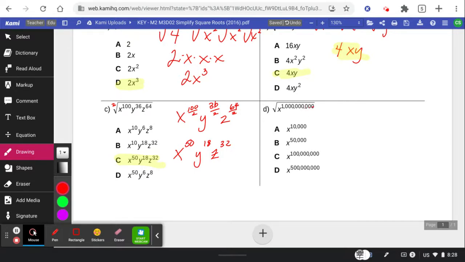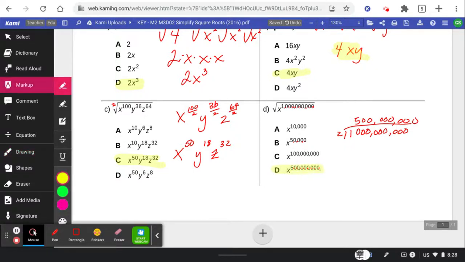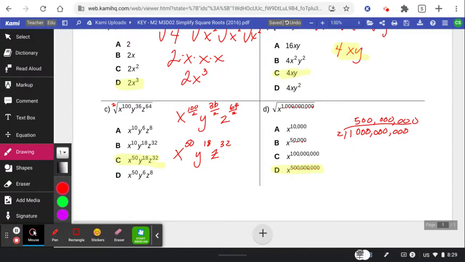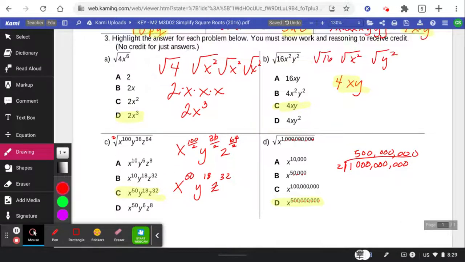There's 1, 2, 3, 4, 5, 6, 7, 8, 9 zeros. 1, 2, 3, 4, 5, 6, 7. Okay, how'd you do on the front?